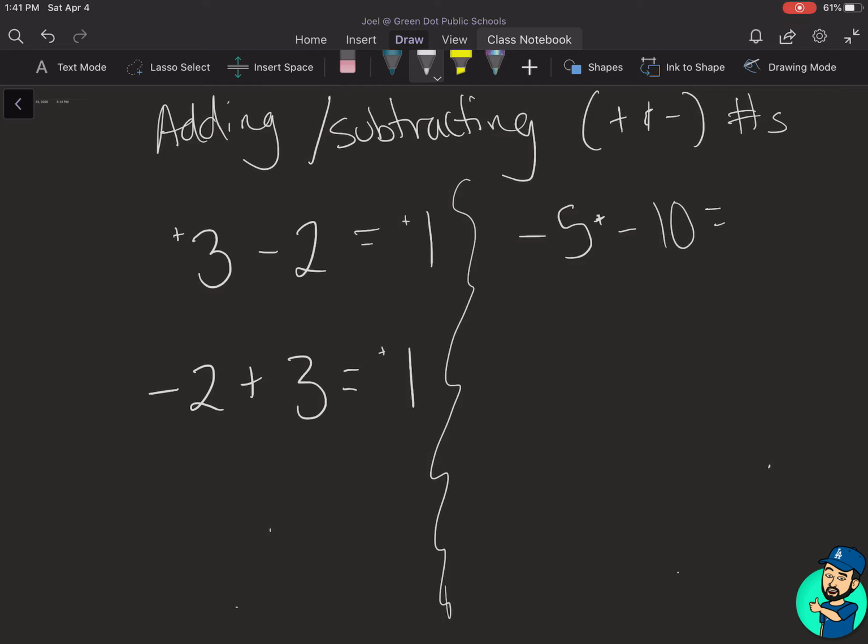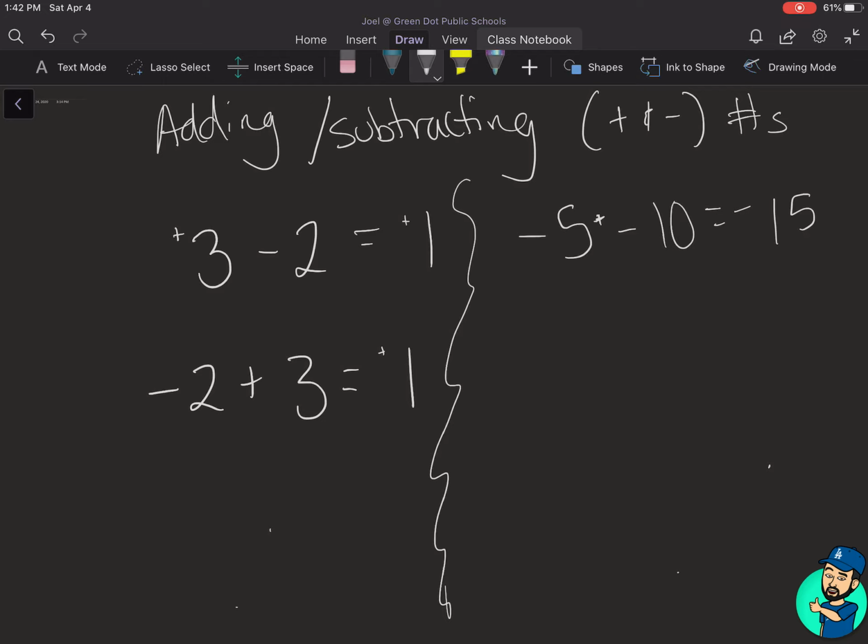I'm adding 2 negatives. You owe $5 and you owe $10 more. But let's look at the rule number 2. You have the same signs in front of them. They both have negatives, so you add the numbers together. 5 plus 10 is 15. And keep the sign. You add, but you keep the sign. And that is it. You're done.